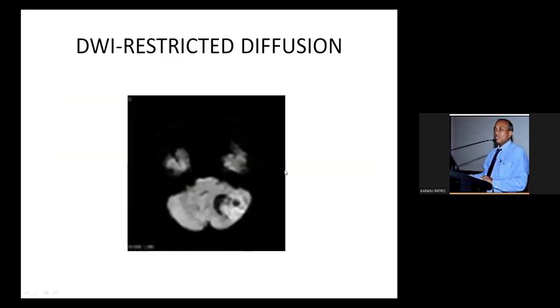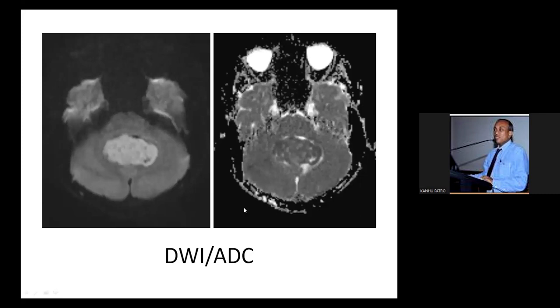Then diffusion restriction: because it is a high grade tumor, there will be a lot of diffusion restriction in the solid component. So you can see that the medulloblastoma looks bright on the diffusion weighted images and dark correspondingly in the ADC map.